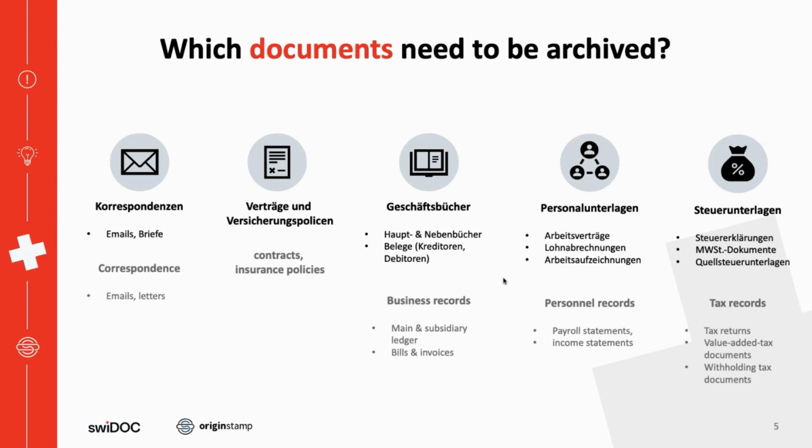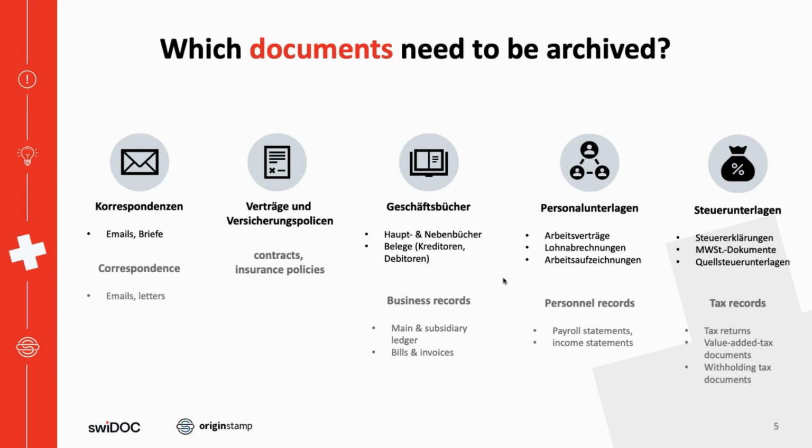Moving on then to the compliance rules that exist in Switzerland, let's first take a look at which documents I even have to archive as an enterprise. I've brought here the 5 types of documents that need to be archived. On the one hand, you have correspondences with other businesses. That counts emails as well as physical letters.